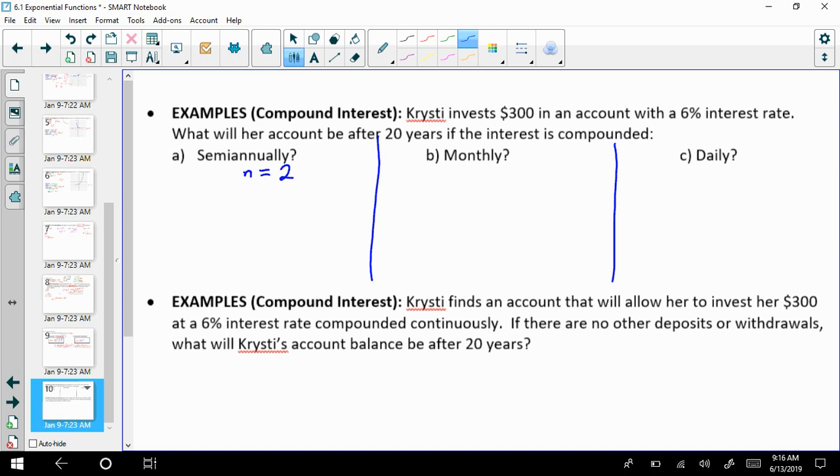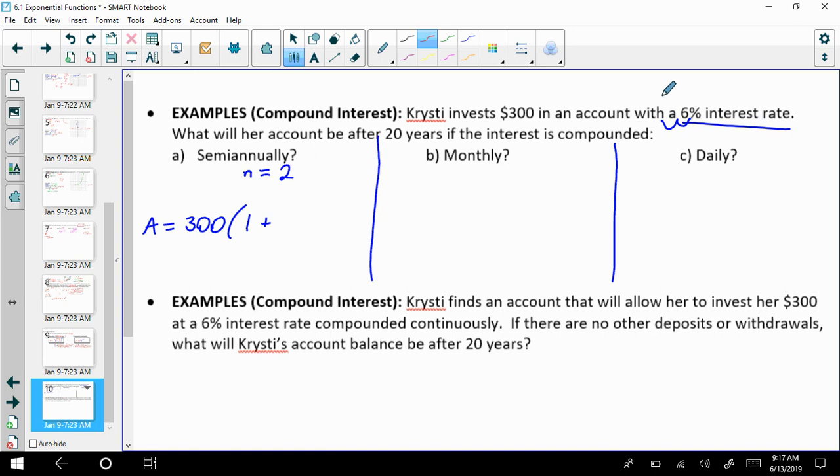So let's see if we can substitute in. What would I substitute in for my principal? $300. That's my initial amount. And then I have 1 plus. Now R, 6% is my interest rate, but I need to change that out of a percent. To change it out of a percent, you can either divide by 100 or just picture moving your decimal 2 places left.